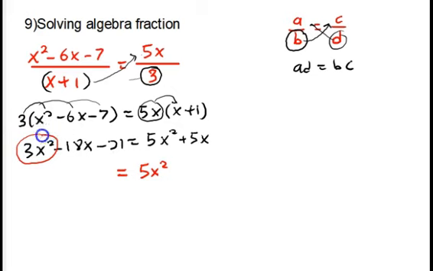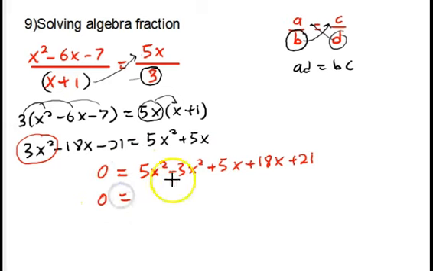This is a plus, so it becomes minus over here, and here is plus 5x, and here we have a -18x, so it becomes positive 18x. Here is a negative 21, so it becomes plus 21, equals 0. Here we can simplify this, so you get 2x squared, 23x plus 21. This is not solvable by using the normal method.